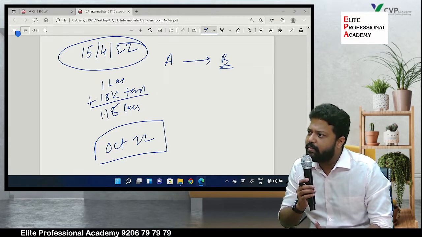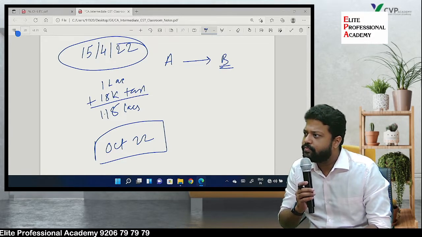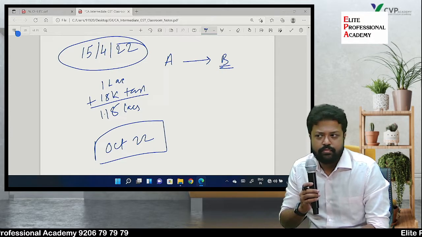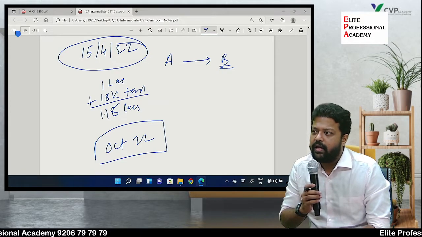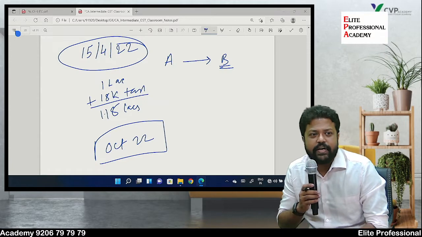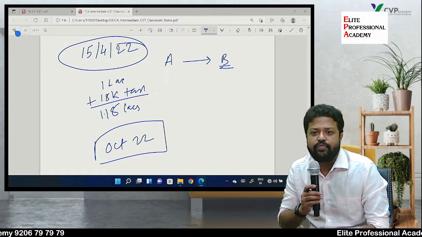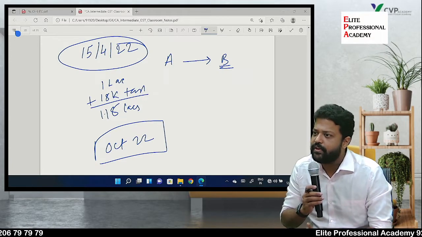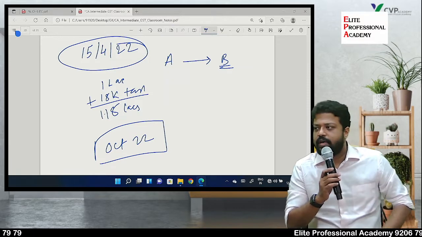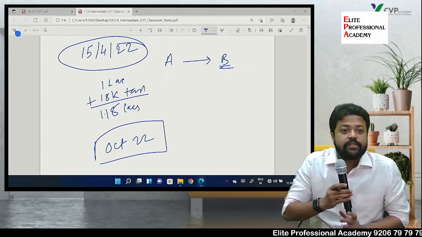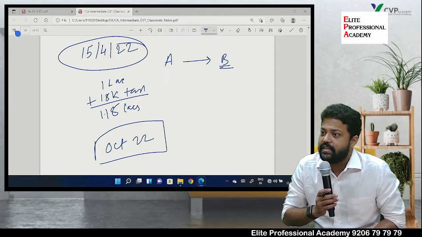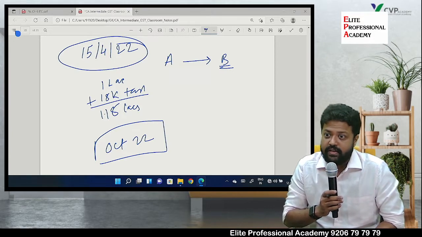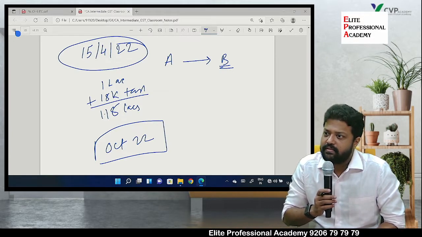Can they claim it in the month of October 2022? Yes. If it is realized in the month of December 2022, can they claim it in GSTR 3B of December 2022? Yes. If they realized in the last month, March 2023, can they claim it?